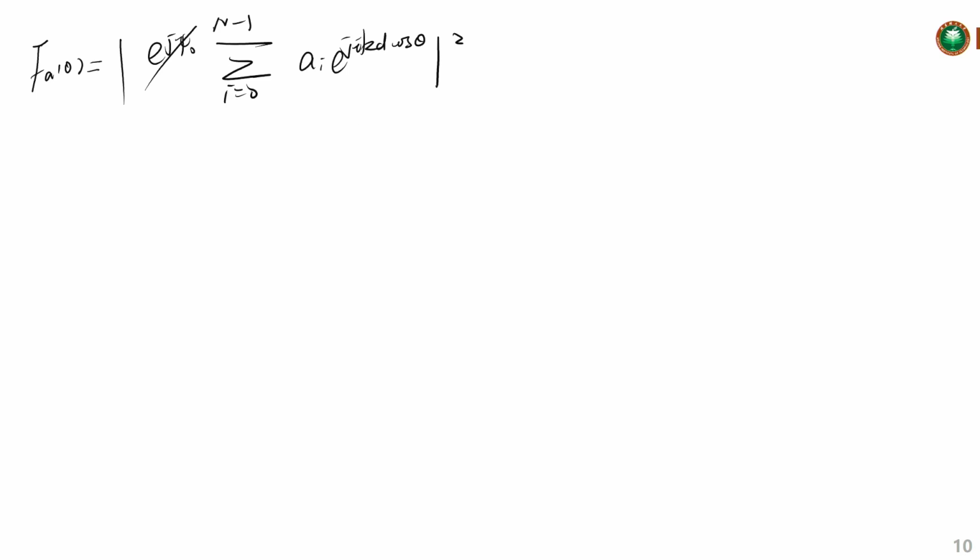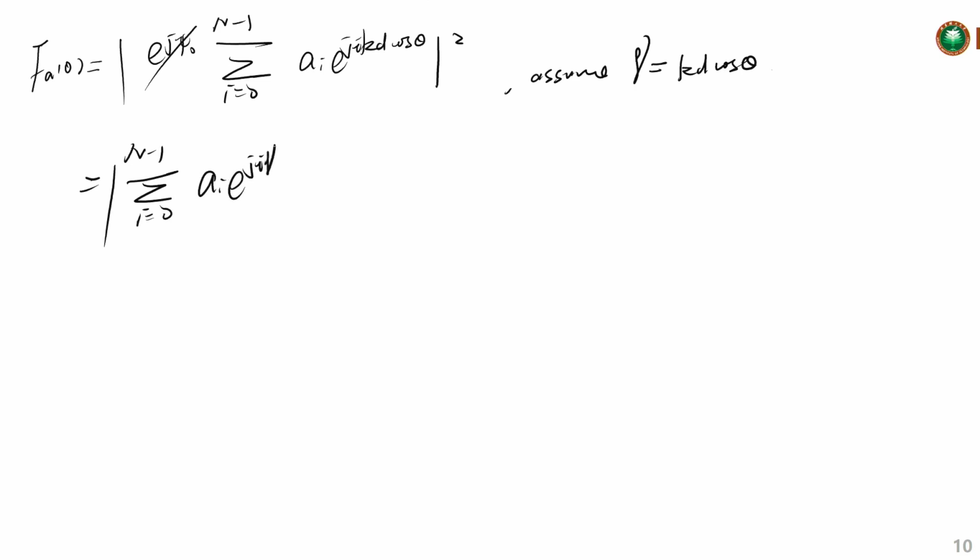And we also want to assume a constant gamma expressed as kd cosine theta, so then that can be expressed as the sum from i equals 0 to n minus 1 of a_i e^(ji gamma) square. This one.